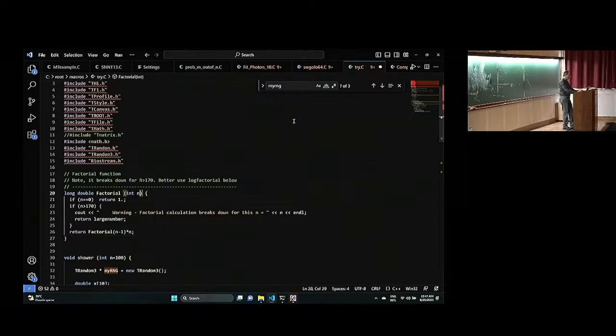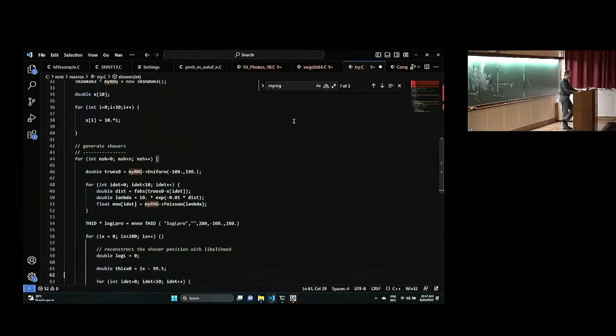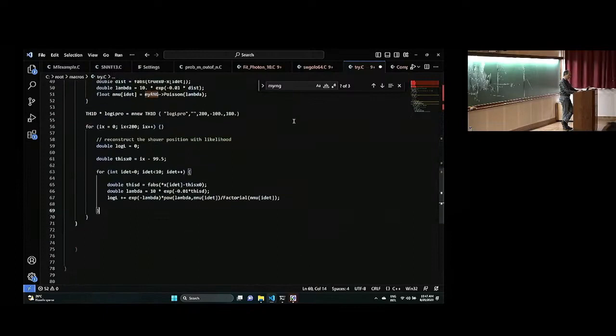It passes an integer and it computes a factorial of n minus 1 times n, so it's recursively computing the factorial. And so we now have it, and we can divide by the factorial of n mu of I det. And this computes the likelihood for all the detectors. And what we can do with this is just fill the histogram.